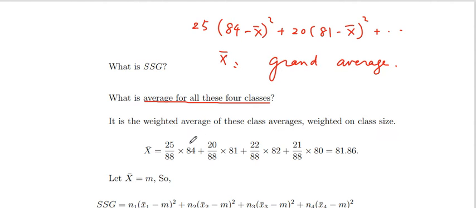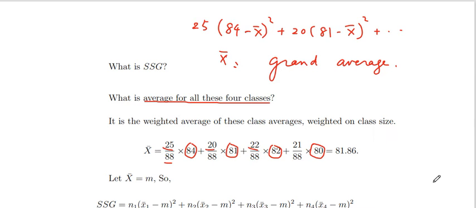So we have 84, 81, 82, 80. And the total average should be weighted on the number of students. So here 25 times 84, 20 times 81, 22 times 82, like this, then divided by 88.